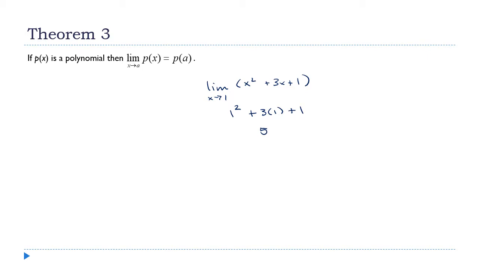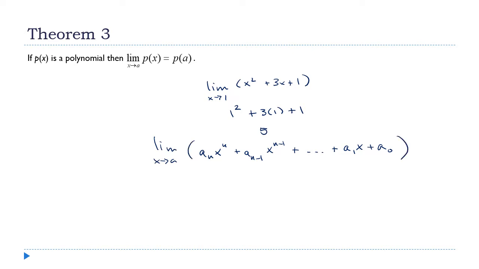Okay, now I'm not going to actually prove this. The proof isn't hard. It's just a little tedious. You start with the generic definition of a polynomial: a_n x to the n, plus a_(n-1) x to the n minus 1, plus so on down to a_1 x plus a_0. And you want the limit of this as x approaches a.